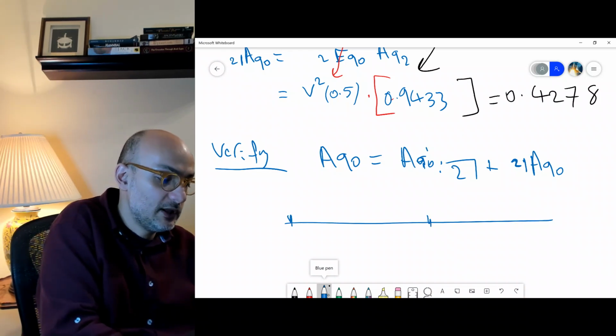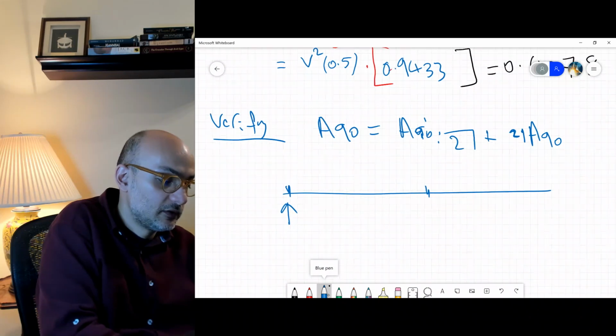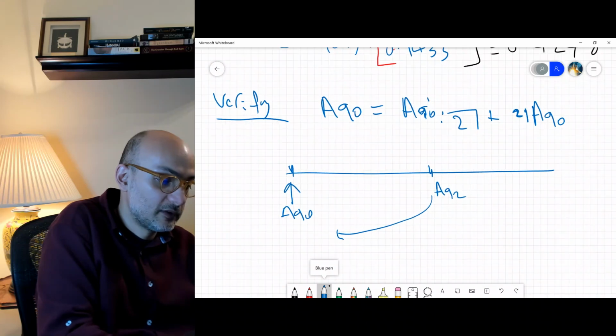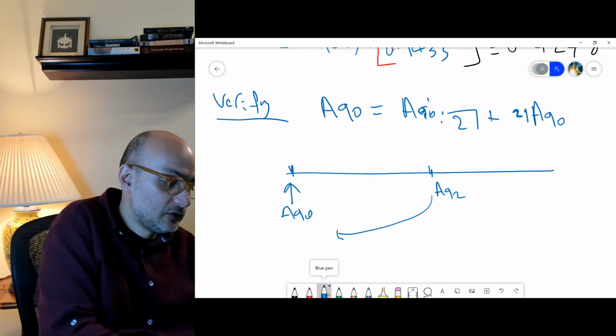If we evaluate everything here, you have the A90 here, and it should be equal to A92, but because you bring it back here, it becomes 2A90, right?